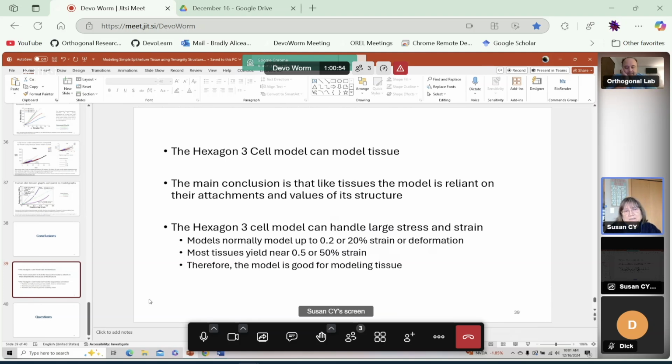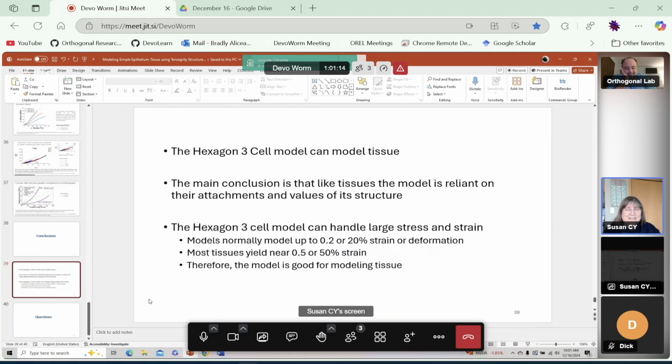But if you don't count the special steel, a lot of materials quit at about 20% strain or before. Tissue lasts better.